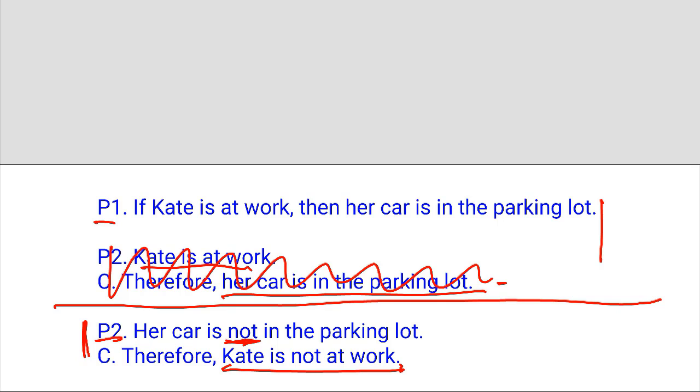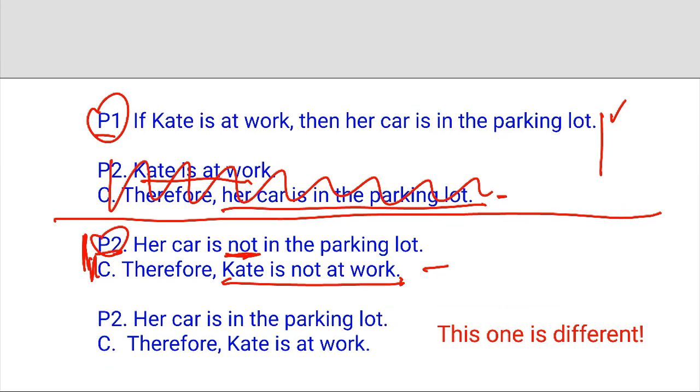In any situation where this conditional is true, if it's also the case that her car is not in the parking lot, then she can't be at work. So this argument is also valid.